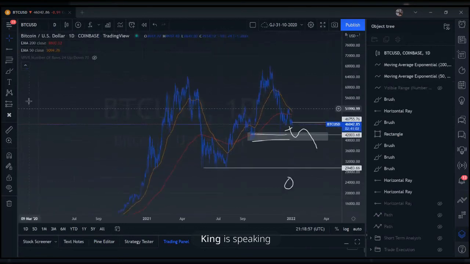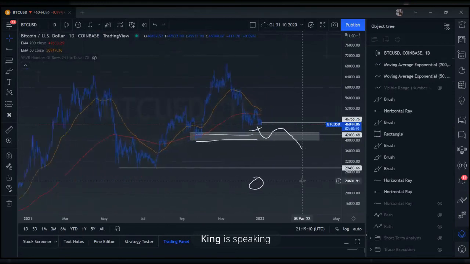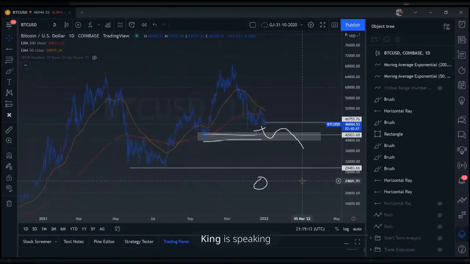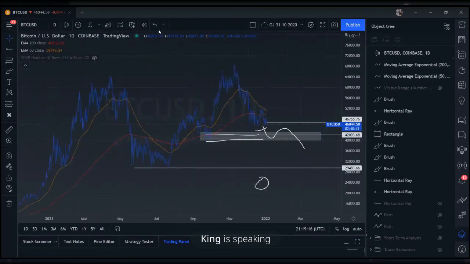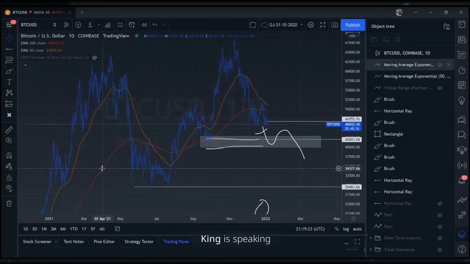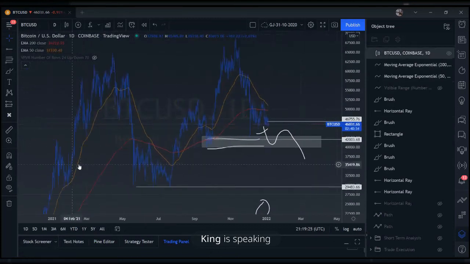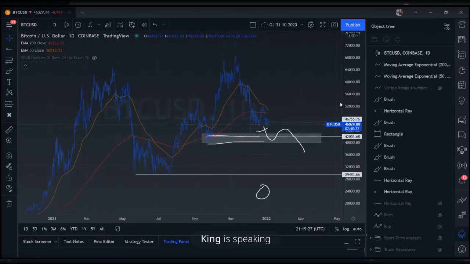What the close does is it just uses the closing price to average out the prices. You can use open, high, low, close, it just depends on what you want to use. I haven't ever tried anything else, I've always used the close. You can use any one of these prices to be averaged, and there may be some information out there on why each one is used, but I've just always used the close.